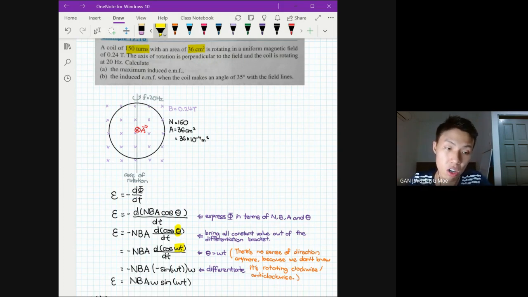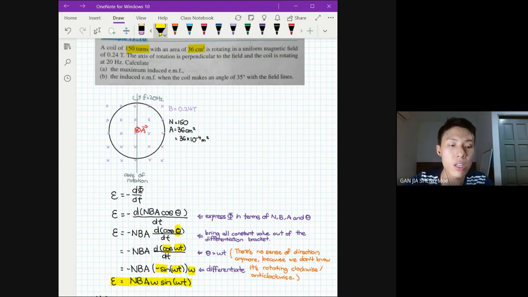So right now, this is cos omega t. Differentiate against t, where it's just a negative sign, cos changes to negative sin, omega t remains, then you differentiate inside the bracket, you get omega outside. So if you rearrange it, the negatives will cancel each other out. So your induced EMF will be NBA omega sin omega t.